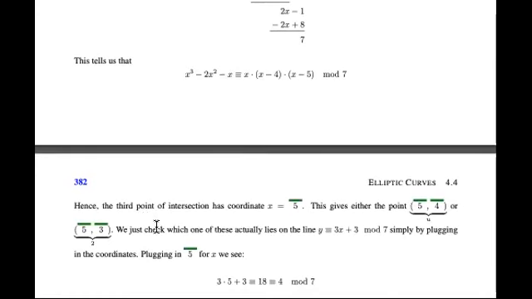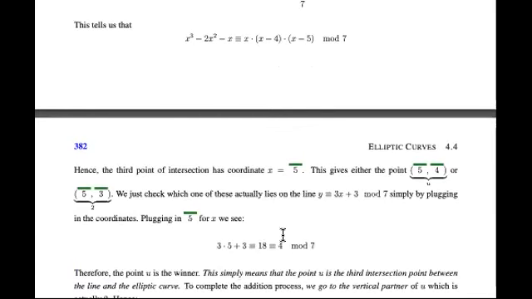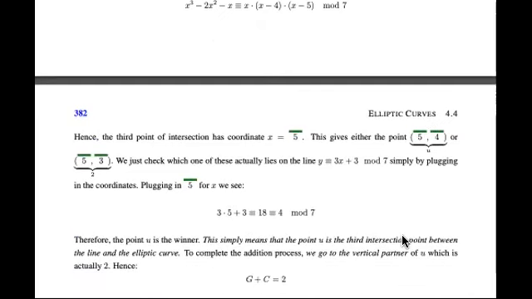But we plugged it into the line here, and it's 4 bar. So we get 5, 4. That's the third intersection point on the line.